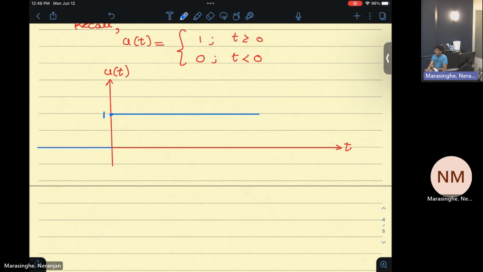Right. So in the Laplace transform, we are interested in the t positive case, right? So suppose you have some function and you need the positive part of that function. That positive part means you need the portion of the graph when t is greater than or equal to 0.